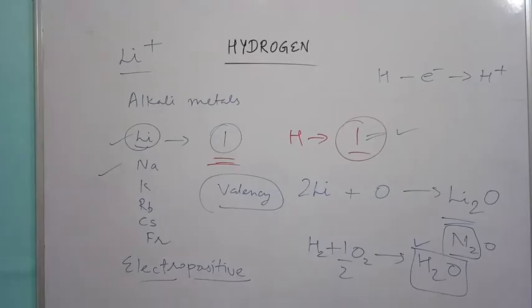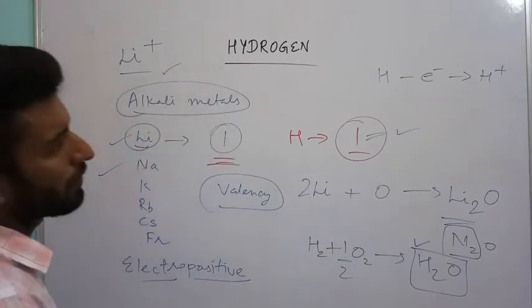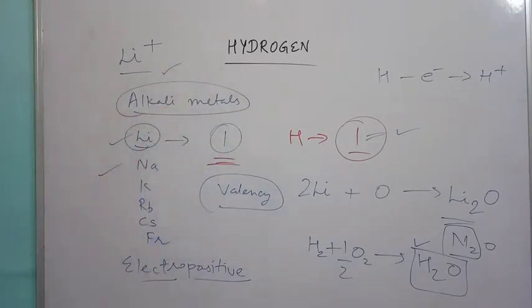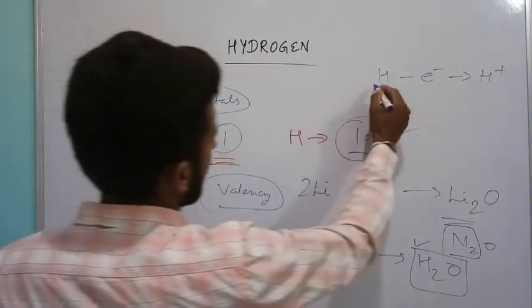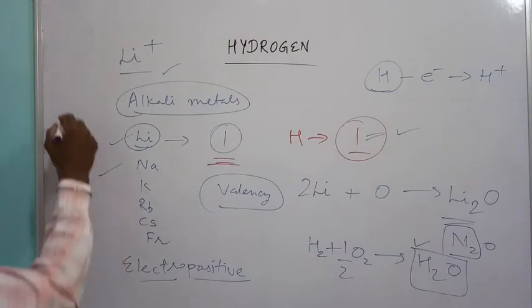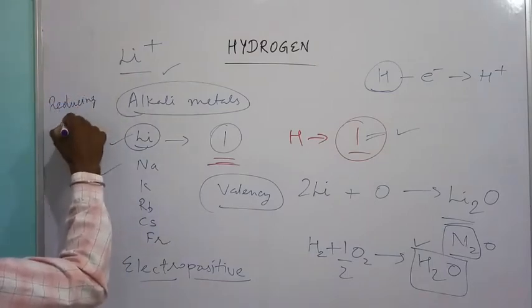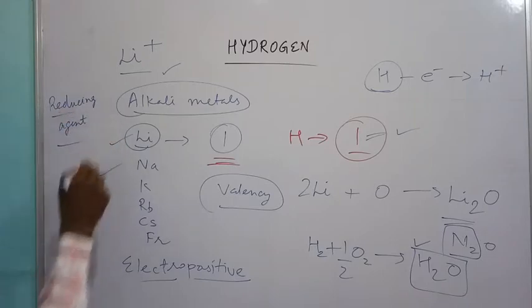After that, alkali metals are also reducing in nature, that is they lose their electrons whenever they combine with any electronegative element. Similarly, hydrogen also loses one electron. So alkali metals and hydrogen are reducing agents, meaning they themselves get oxidized but they reduce other elements.